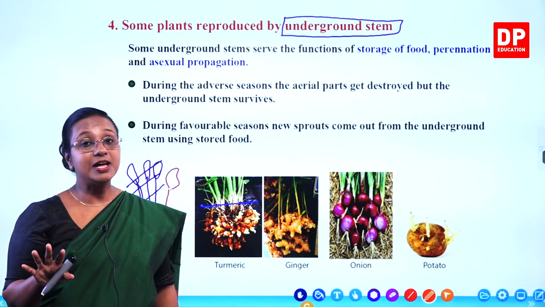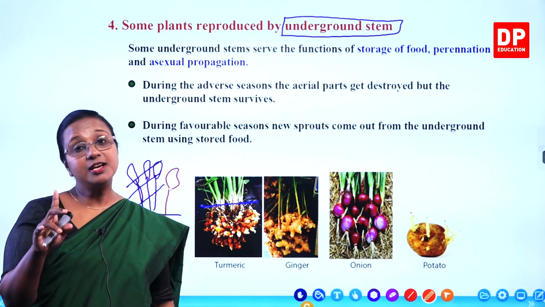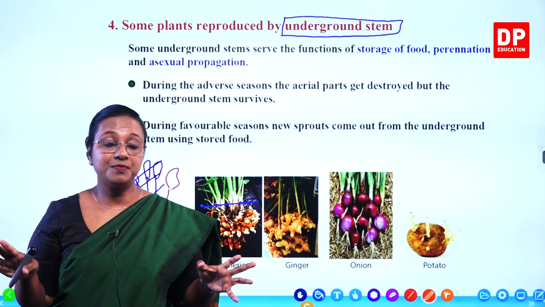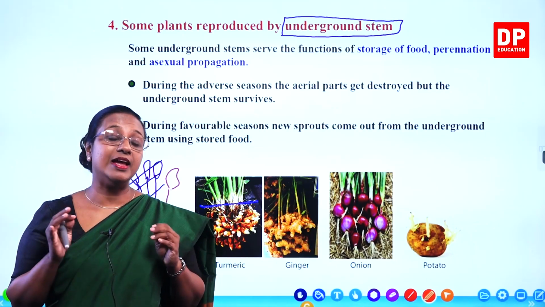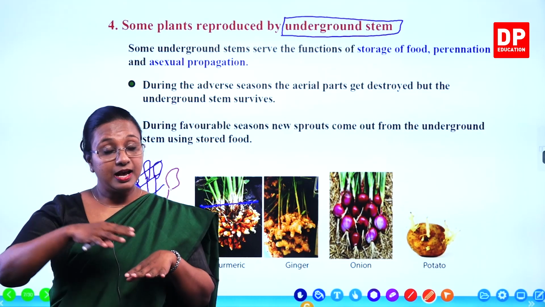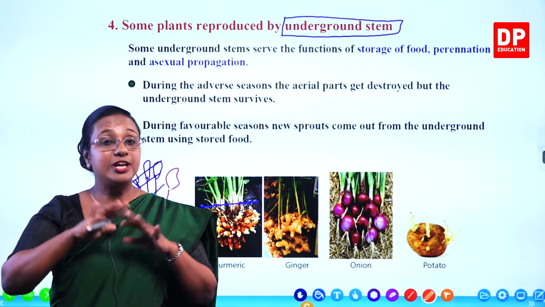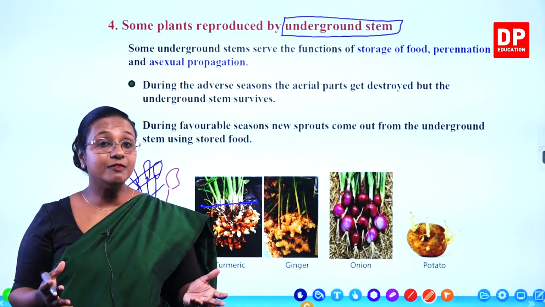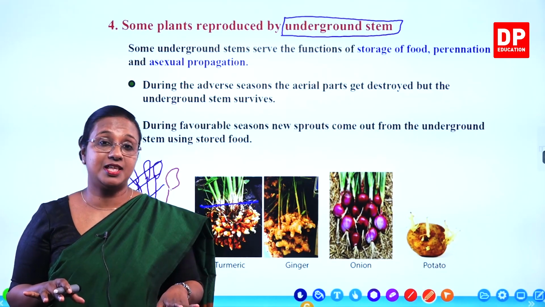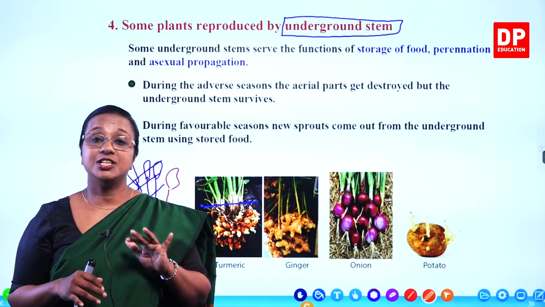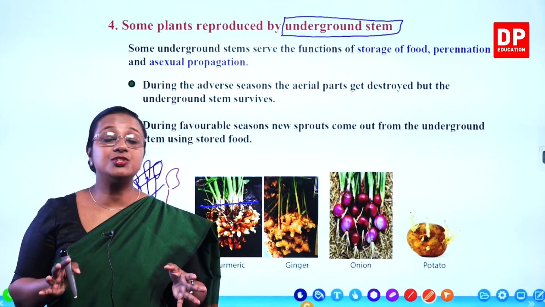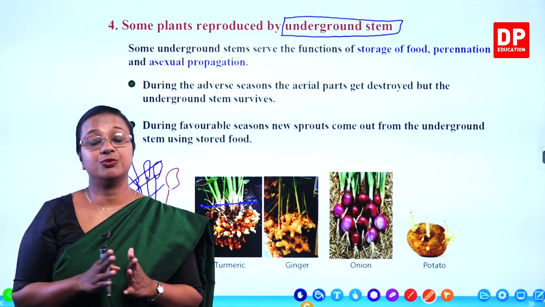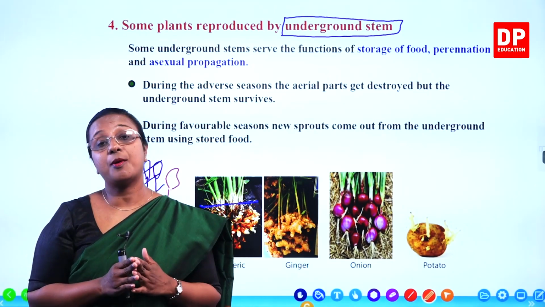Now can you all understand? There is only one underground stem for a certain plant that stores food, and whenever needed, the parts above the soil are destroyed and the underground stem with the food storage survives there. When the conditions are normal, using that stored food, it grows into a new plant. That is propagation.